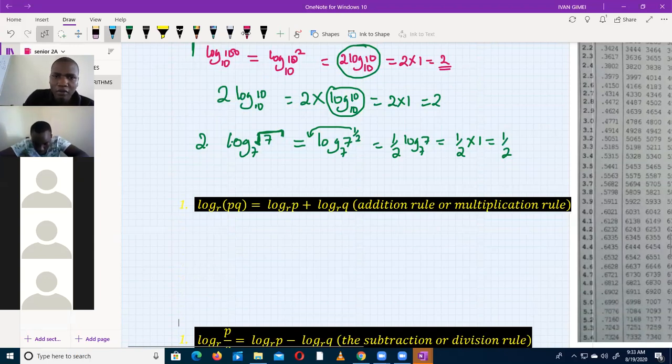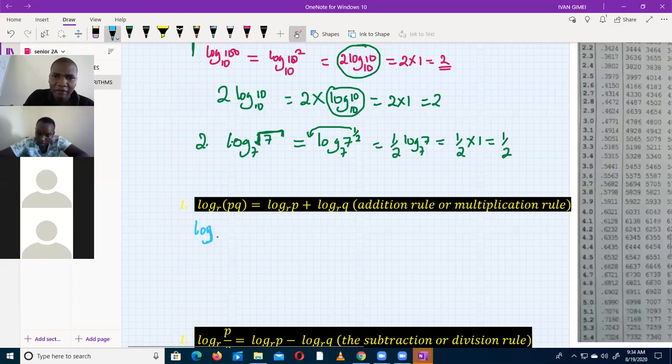We are saying that if, let's say, I have log of 12.5 base 10.